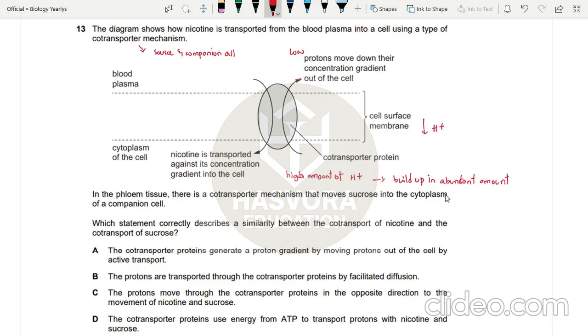This is the same mechanism by which we actively pump the H plus ions into the source cell, and then when the hydrogen ions build up in the source cell, they co-transport with the sucrose.